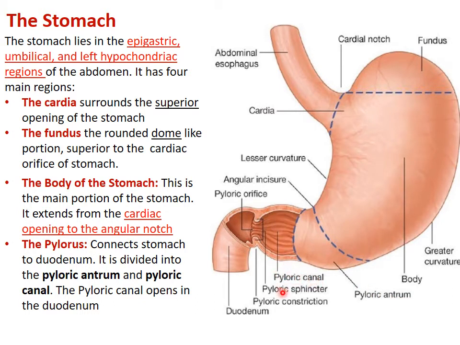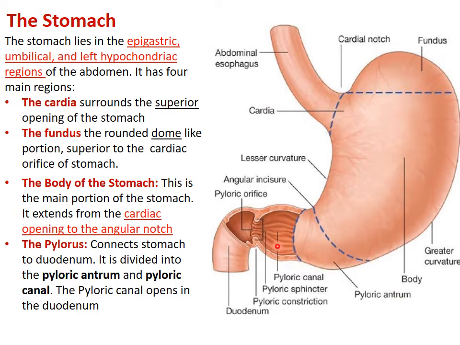The internal feature of the pyloric canal is that we can find rugae that are parallel with one another here. But the same rugae are also present in all the other parts of the stomach, but they are not parallel to each other, they are haphazardly present. So the part of the pylorus containing haphazardly placed rugae is called the pyloric antrum.